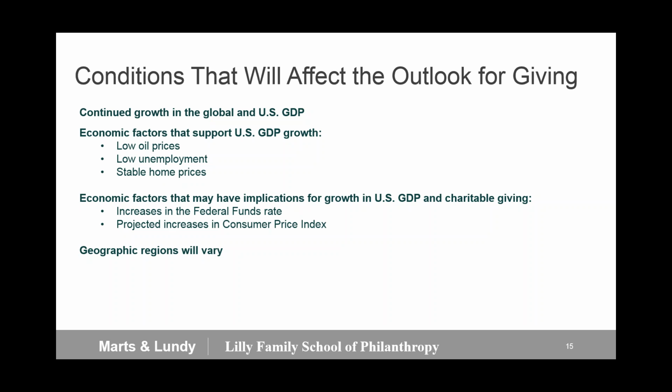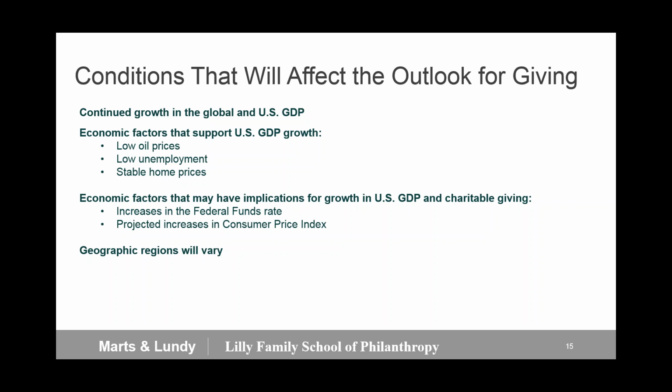And as we discuss, these projections hold unless the U.S. experiences some unforeseen economic shock. These shocks could include political changes both in the U.S. as well as outside the U.S., and other types of unforeseen events such as natural disasters.